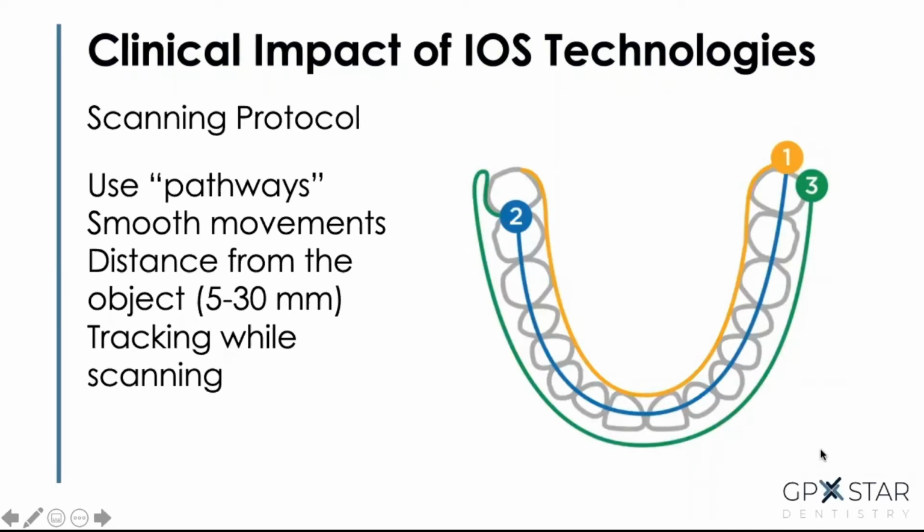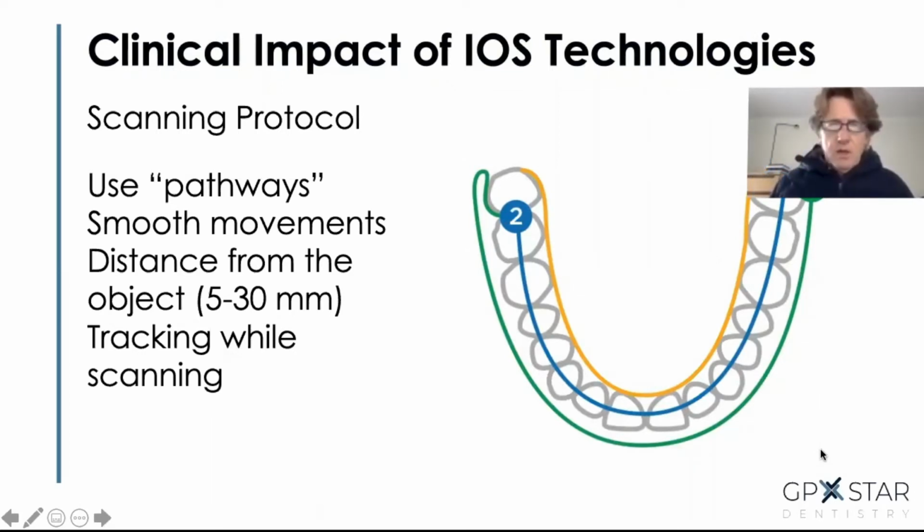So now, how do you use this impression machine to create a proper crown? First and foremost, you need to use some pathways, because you need to give the camera, or the software at least, some information so that it can continue and build a model.